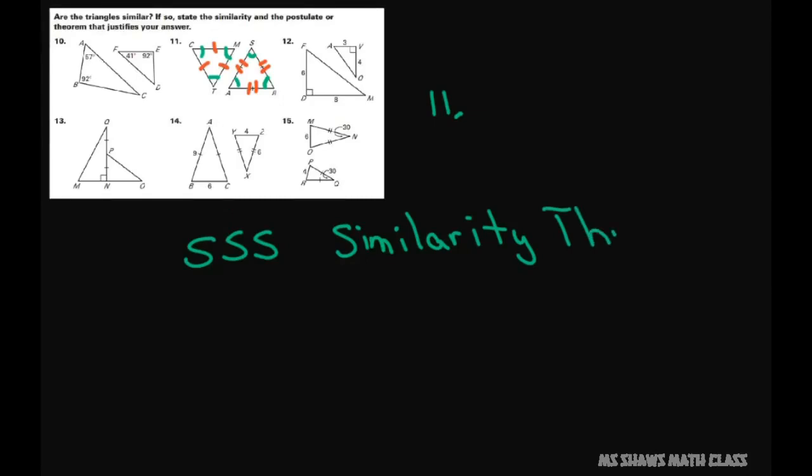So for 11, yes, it is similar, and the way we're going to write it is by the side similarity theorem. And I can't spell similarity theorem. So these two triangles are similar.